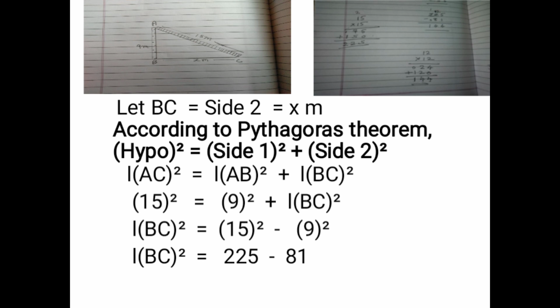I have done the multiplication: 15 into 15, the answer is 225. 225 minus 81, subtract it now, the answer is 144.